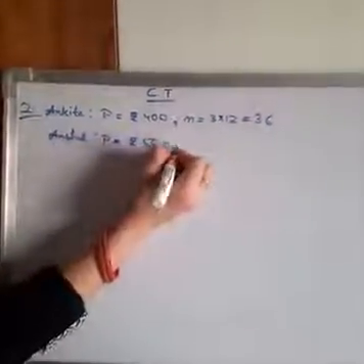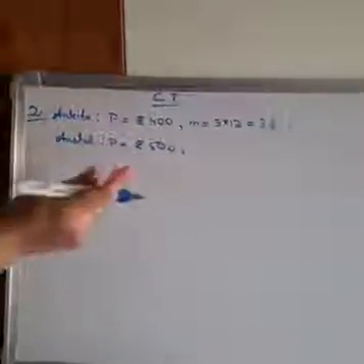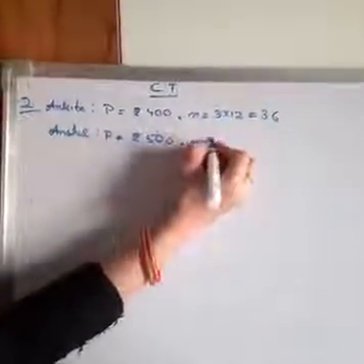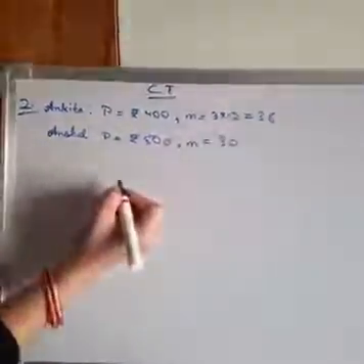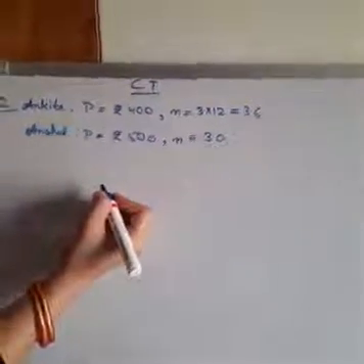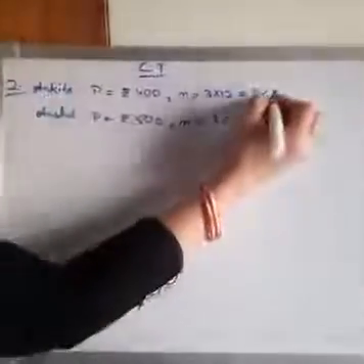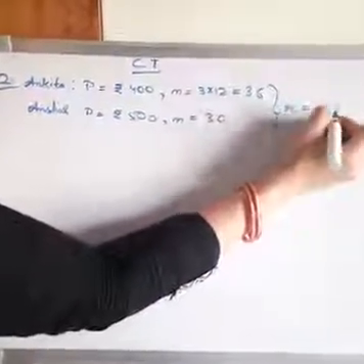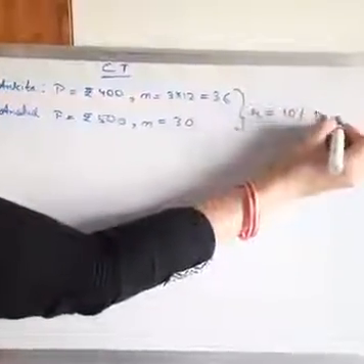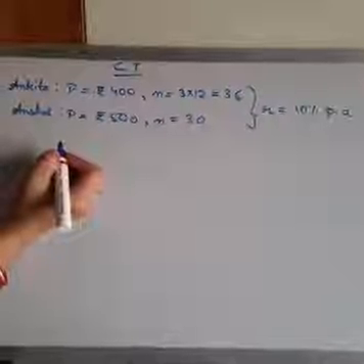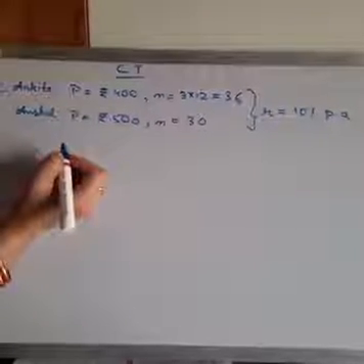Since he is starting 6 months later, 36 minus 6, that means for him the value of N will be 30. The bank paid 10% per annum simple interest for both. For both of them, the value of R is the same, that is 10% per annum. Then at maturity, who will get more money and by how much?